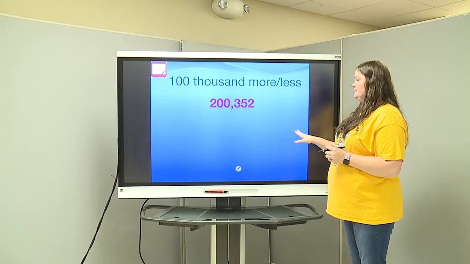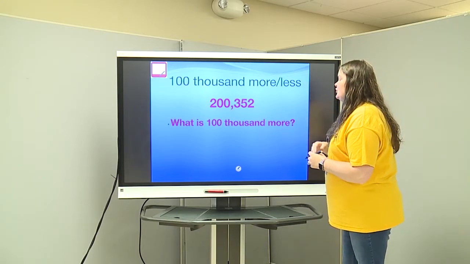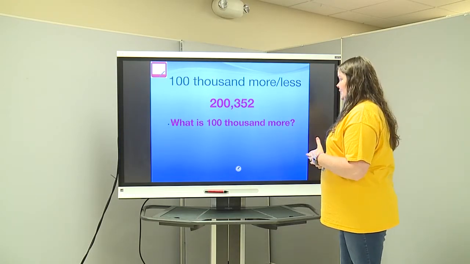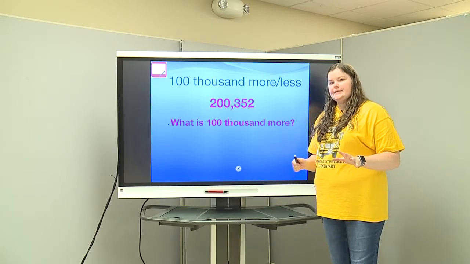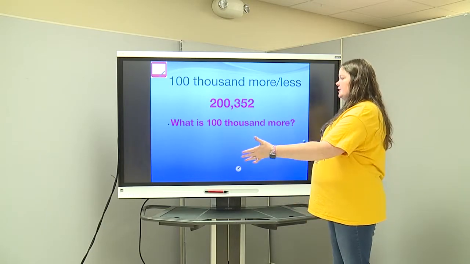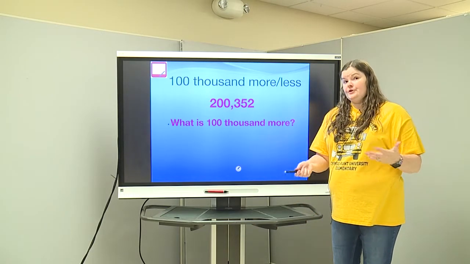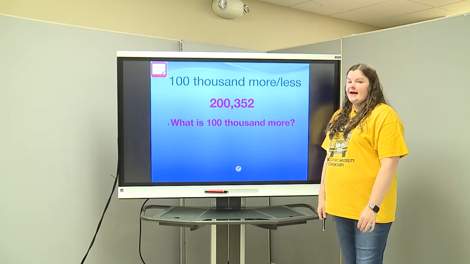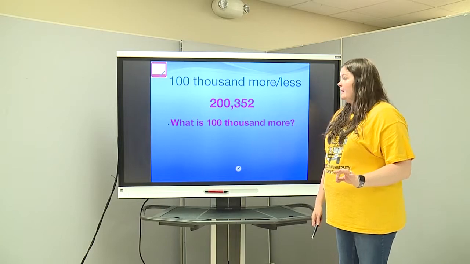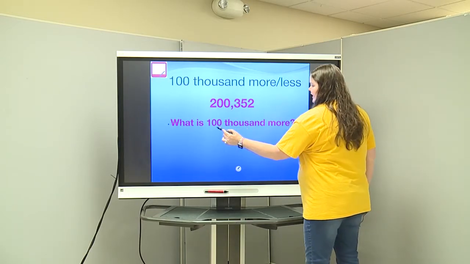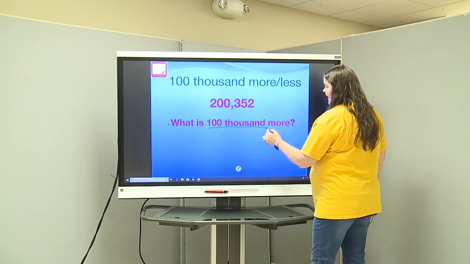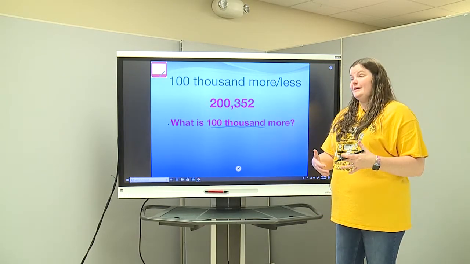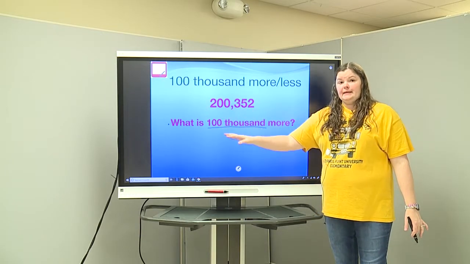Okay, let's look at this number. I have 200,352. Don't have the place value discs here or the place value chart. We can just look at these and show the new numbers. Okay, so the first question says, what is 100,000 more? So if I'm looking to change the 100,000s place, I first need to figure out what digit is in that particular place value.